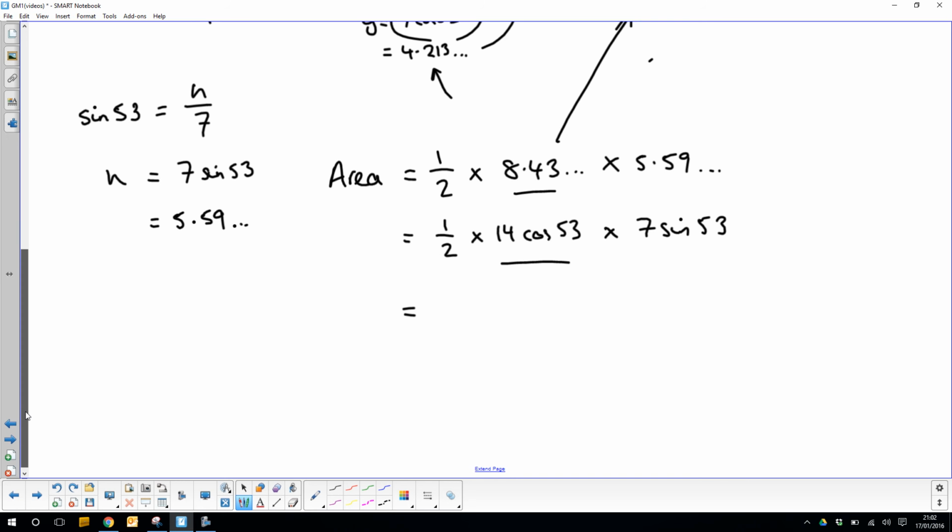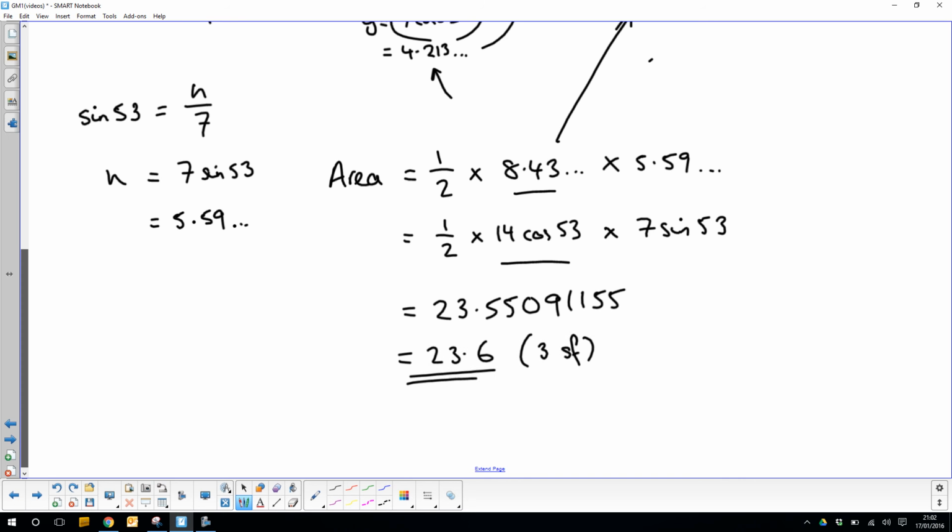I'm going to multiply this answer by 14 cos 53, and then divide that by 2. And I get an answer of 23.550911155, which is 23.6 if we round to 3 significant figures.